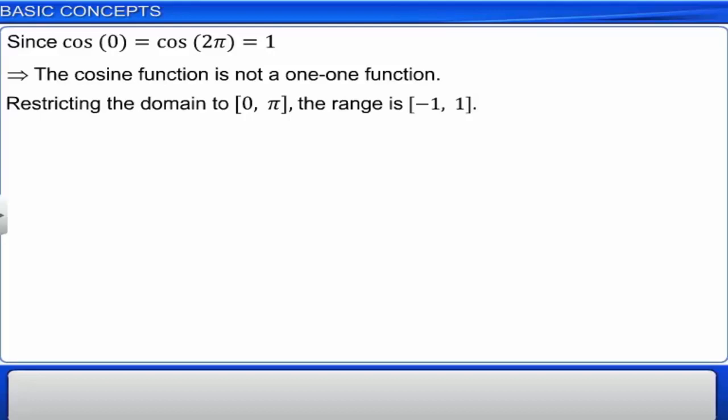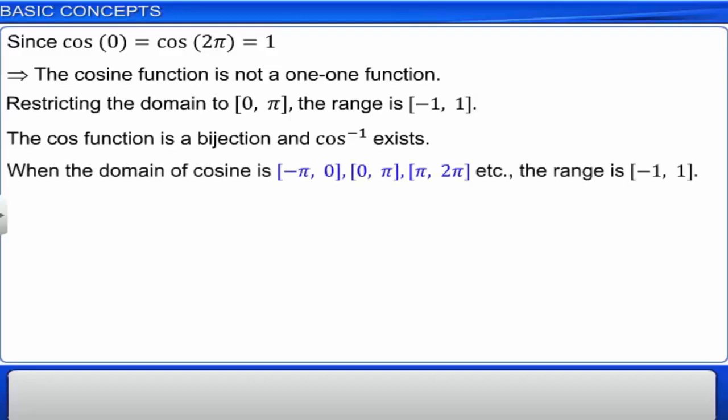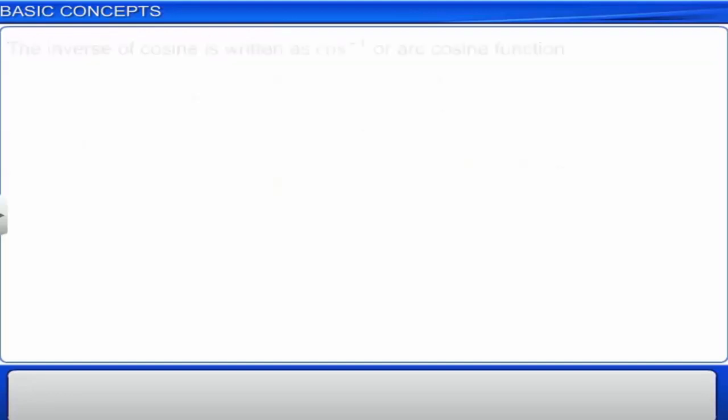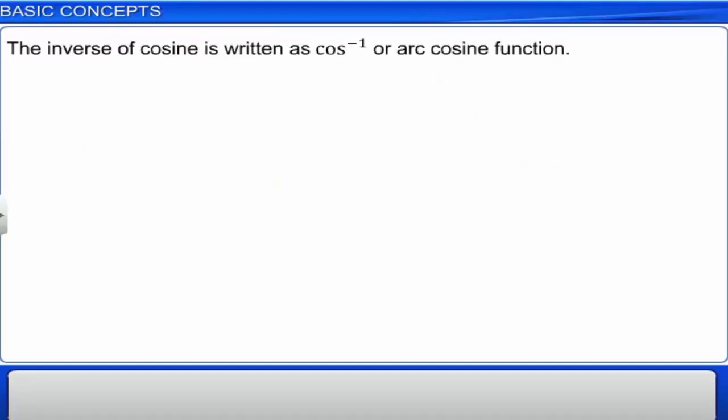In such a situation, the cosine function is a bijection and its inverse exists. Further, if the domain of the cosine function is restricted to the intervals shown here, then also the range is closed interval -1, 1. Now we can define the inverse of the cosine function in the given intervals.